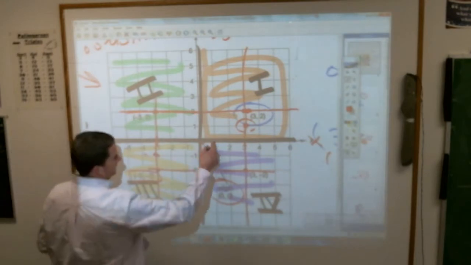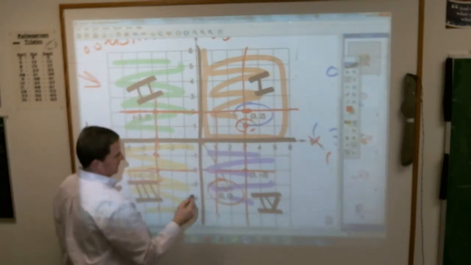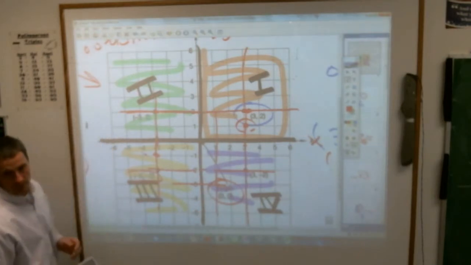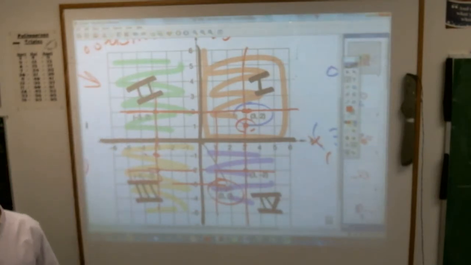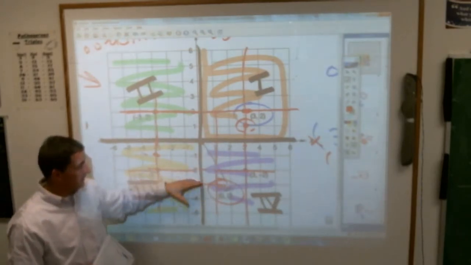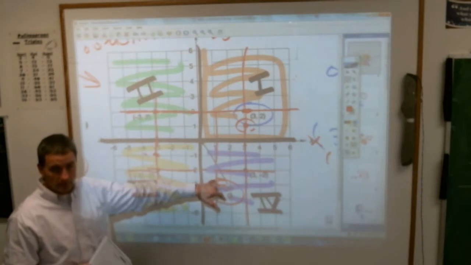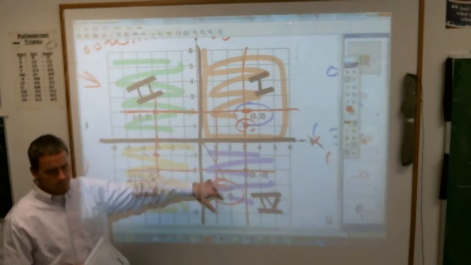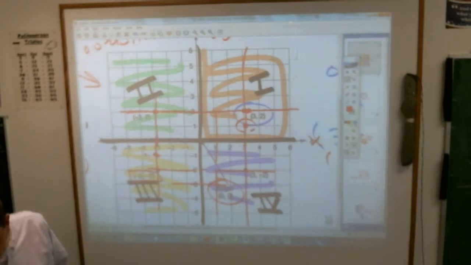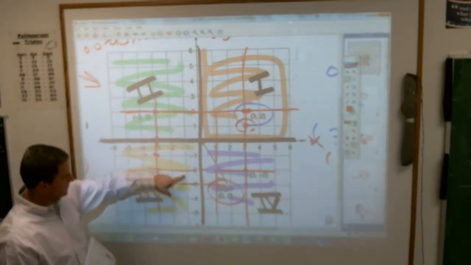1 on the x-axis, -3 on the y. Which point is that one? That is -1 on the x-axis, 3 on the y.